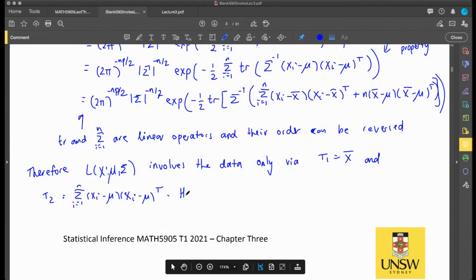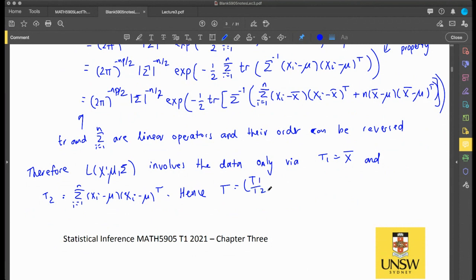Okay, so hence T equals (T1, T2) by the factorization criterion is a sufficient statistic for mu and the covariance matrix.